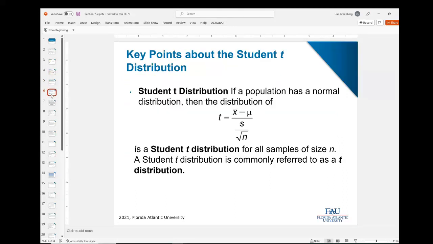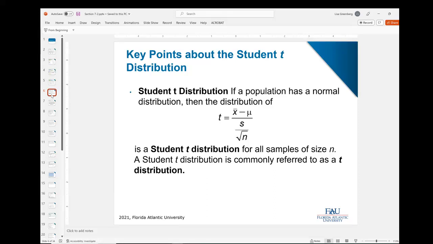Now, there are some key points about this student t-distribution. First of all, it's really just called that. There's a story in the book about it. A guy worked in a brewery and he needed to be able to find out statistical information, but he didn't have enough data.